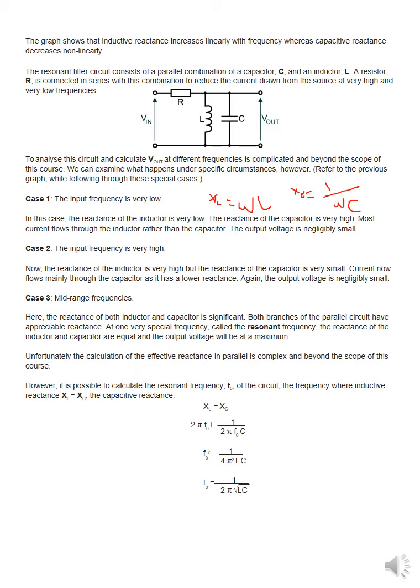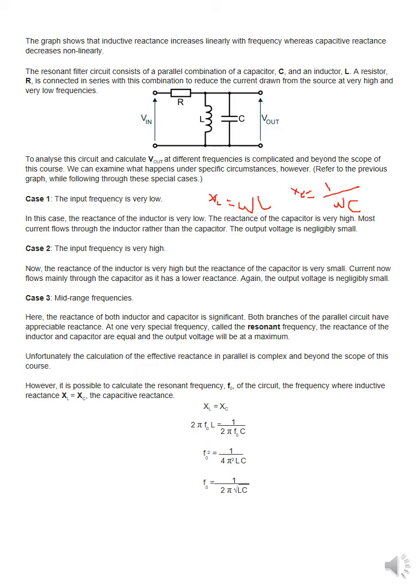Now look at the output across two parallel elements, whether resistances, capacitances, or a combination of them: the voltage across them must be equal. Because the capacitor is not allowing the current to flow, its voltage will try to stay low, while the inductor allows the current to flow, so it will try to keep the voltage high.